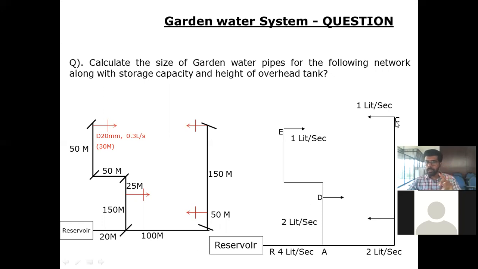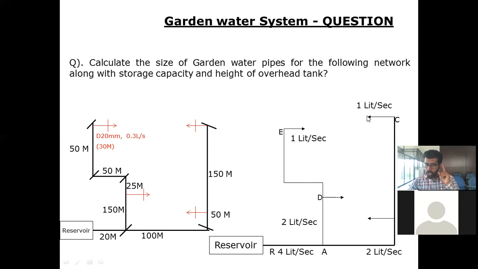When we found out the friction loss in this 30 meter length line, we found that it is 4.7 meter by using the Hazen-Williams table. And it is said that we need 2 meter head at this end, at this sprinkler.